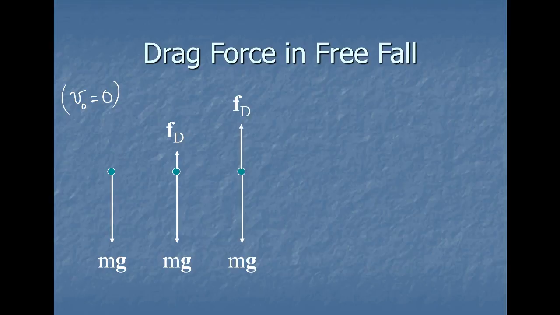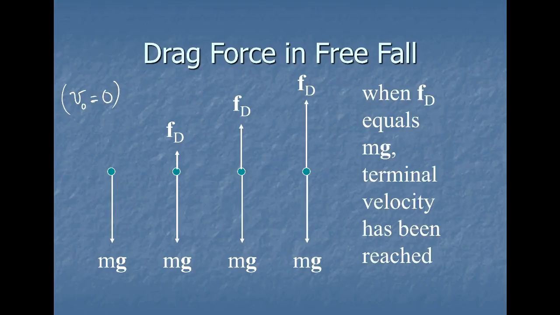But as time goes on, this drag force is going to increase in magnitude. Eventually, the drag force Fd is going to equal mg, and we say that we achieve terminal velocity because the net force is 0, and therefore the acceleration is 0. At this point, the drag force is equal to mg.